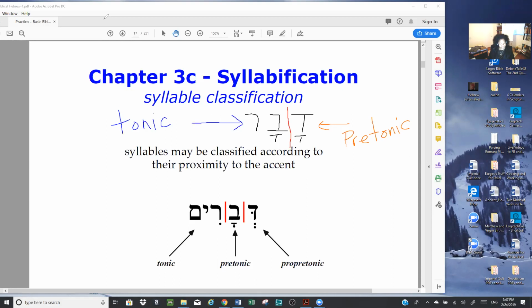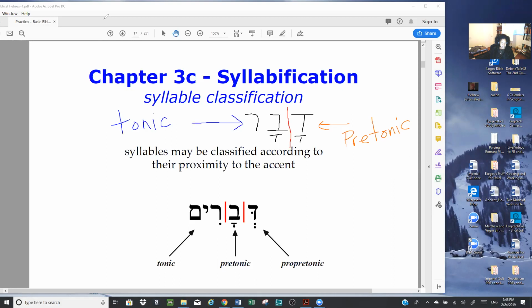This takes some practice. So this is your syllable classification: you have a tonic, a pretonic, and in three-syllable words, a propretonic.